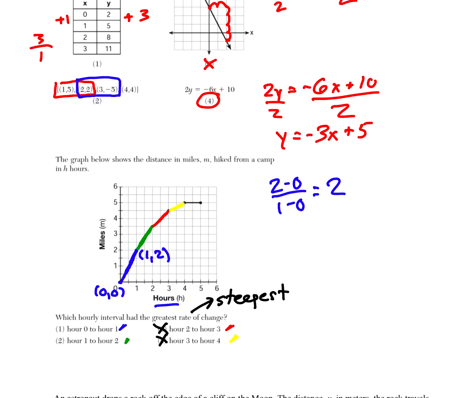And then we'll look from 1 to 2, which goes to 0.5. Oh, that wouldn't be a 0. 0.5 minus 2 over 2 minus 1. That's going to have a rate of change of 1.5. Which one's a greater rate of change? Well, 2 is greater than 1.5. So it would be choice 1.